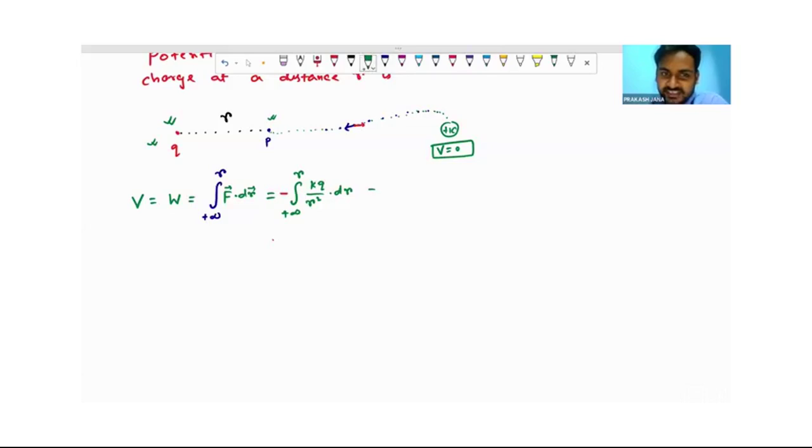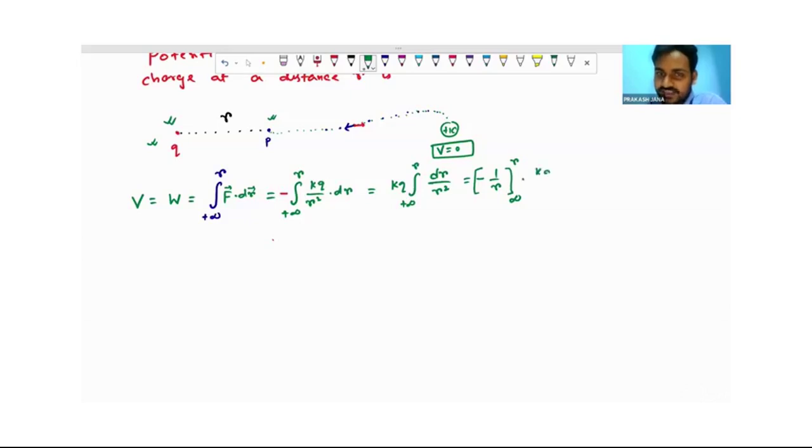Now on integration, what will we get? Kq is the constant. Let me take it out of this integration. Finally, we will have the integral from infinity to r of dr by r square. What is the integration of 1 by r square? We all know it is minus 1 by r, and the limit is infinity to r.